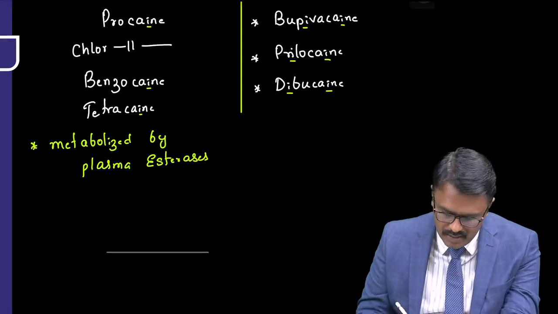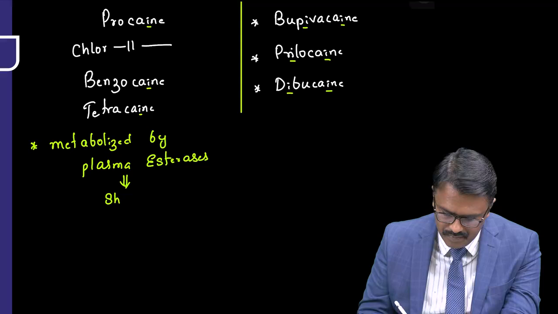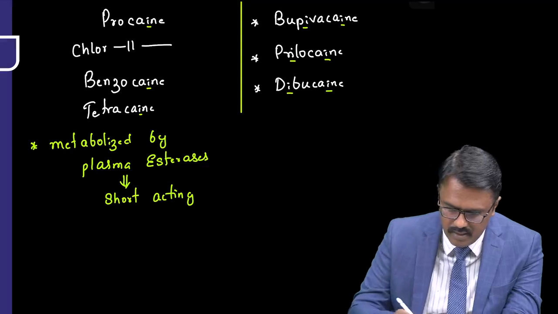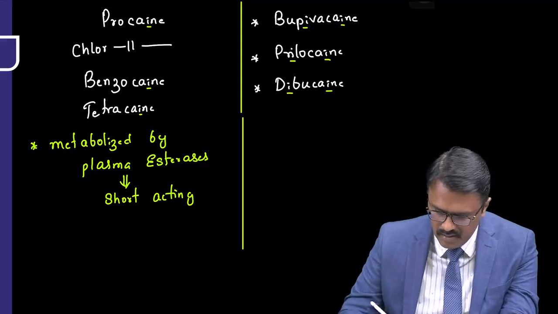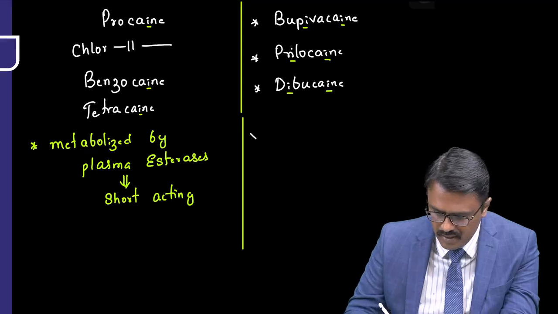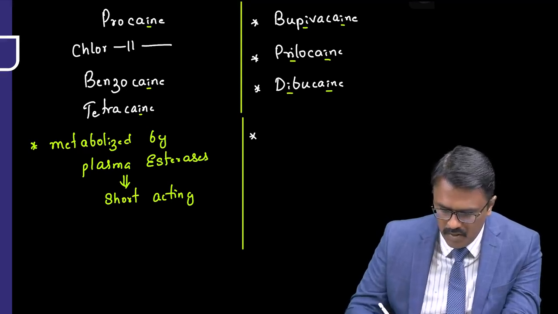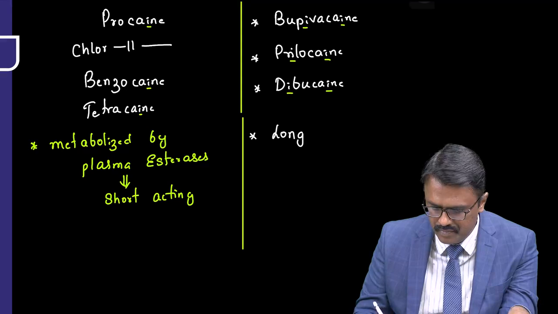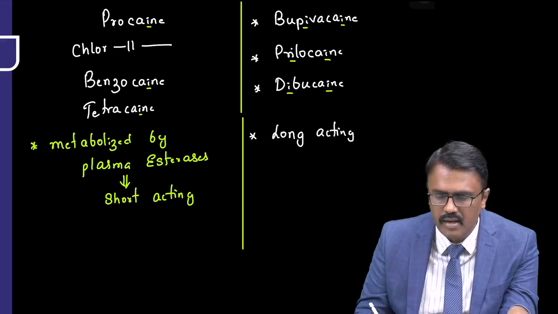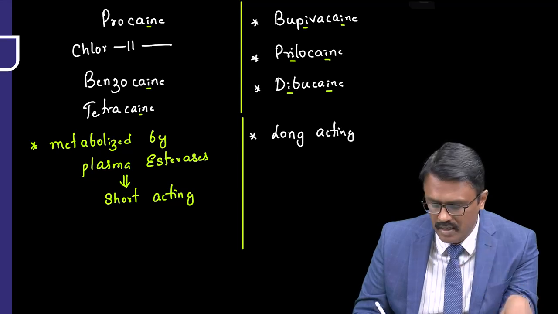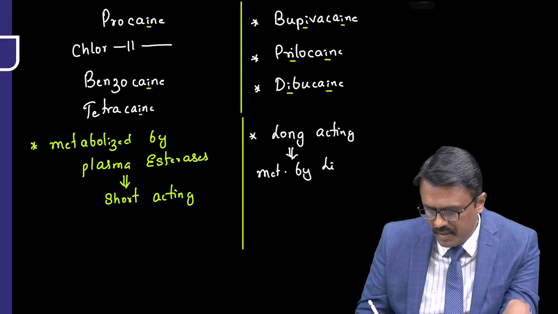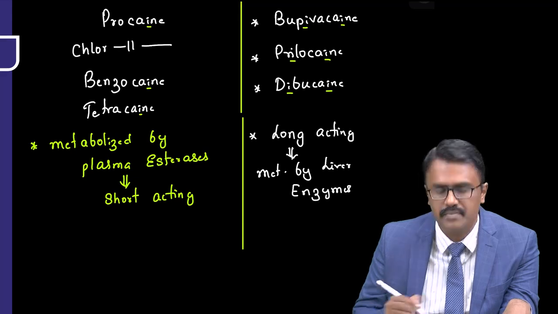So these are shorter acting drugs. What about these? These are longer acting. They are not metabolized by esterases, but by liver enzymes, and they are longer acting drugs.